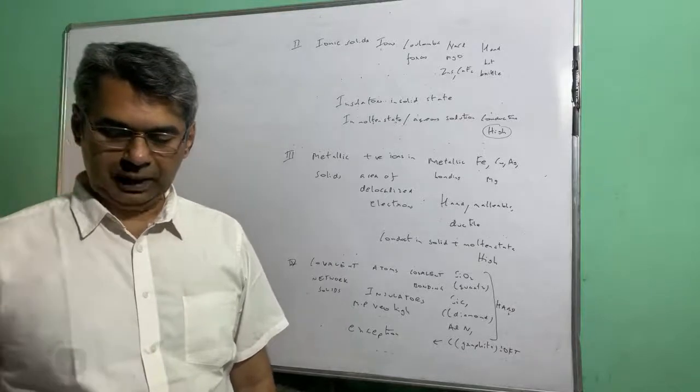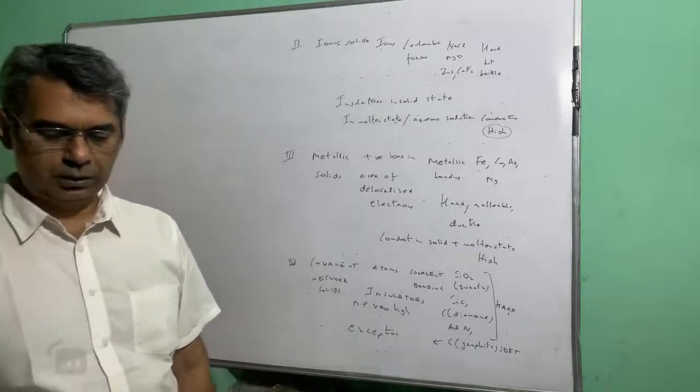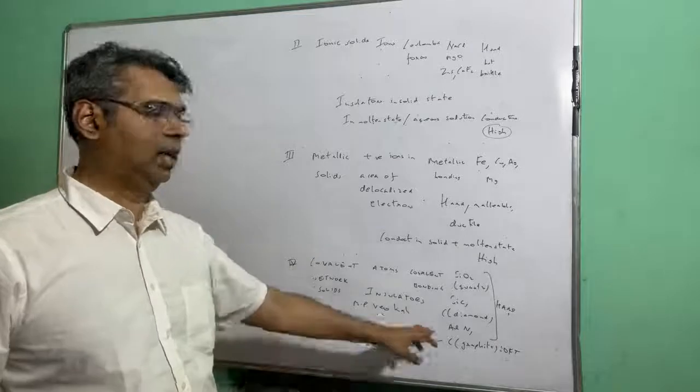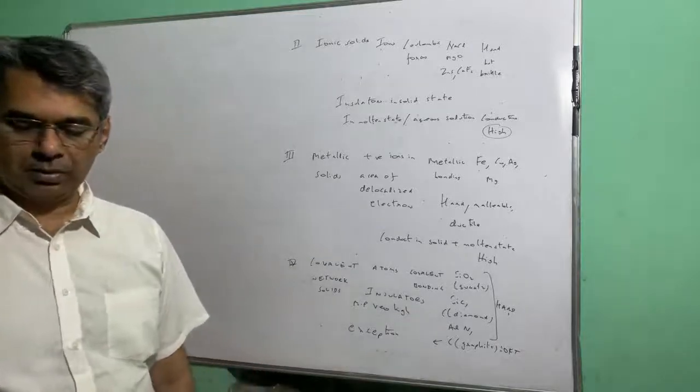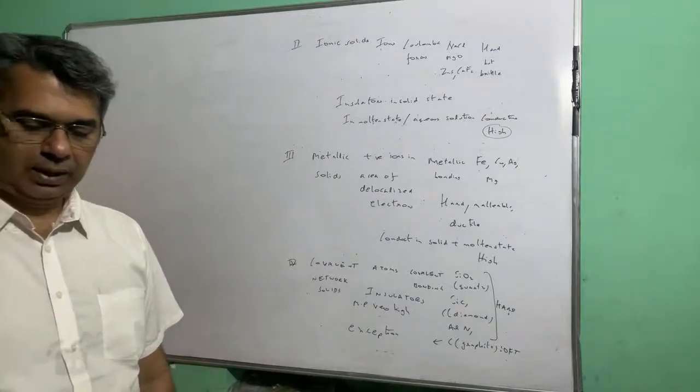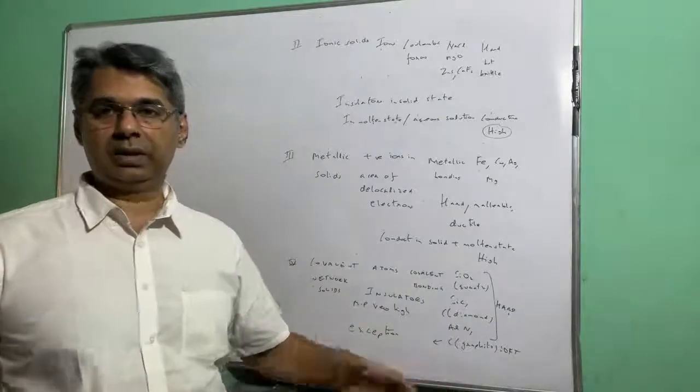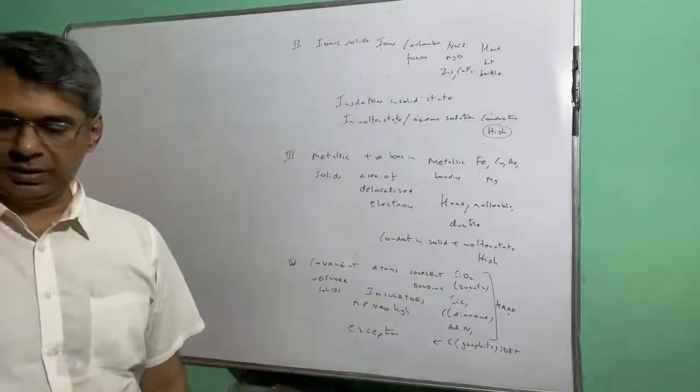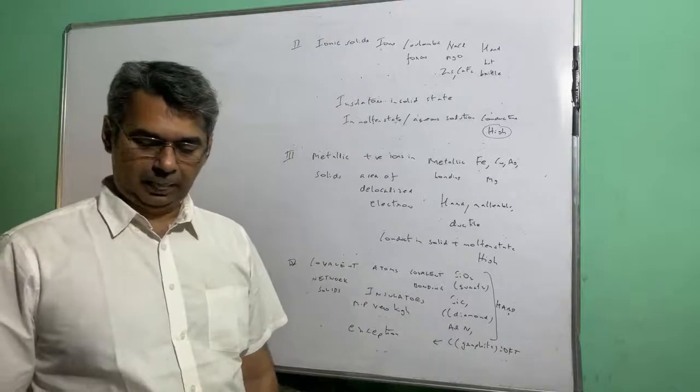The individual atoms form covalent bonds with each other, and depending on whether it is a 2D or 3D network, that will change the rigidity. If it is 3D, it will be more rigid.